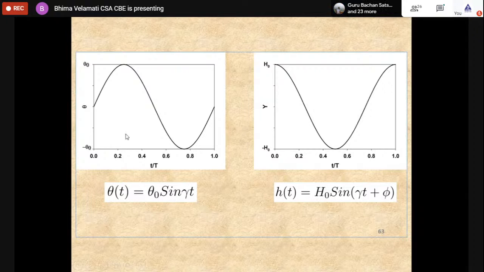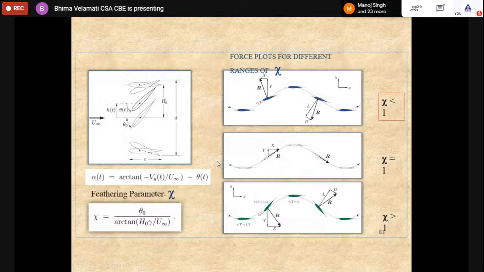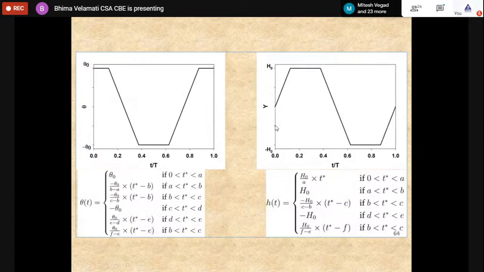Both the pitching and the heaving motion are offset by a phase difference phi. If you don't put this phase difference, you will not get power extraction. So you can see here, they keep a phase difference between these two motions. The feathering criterion would give you that.